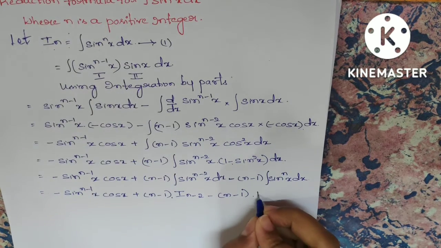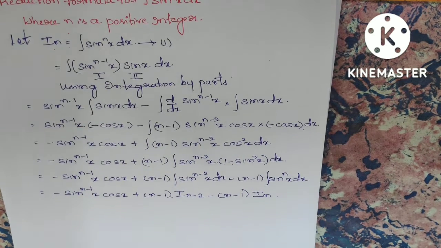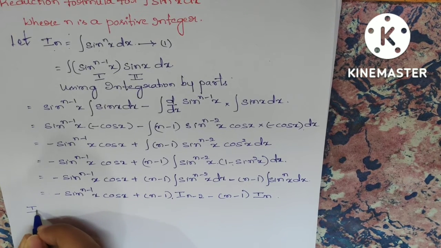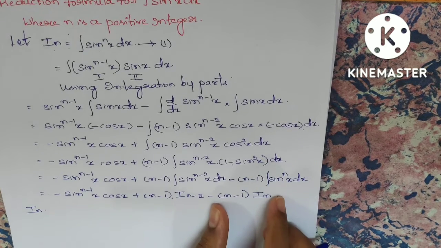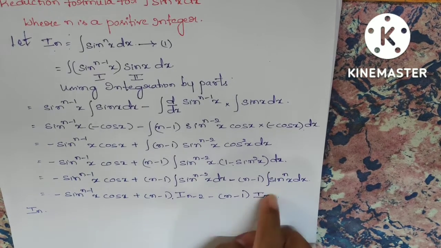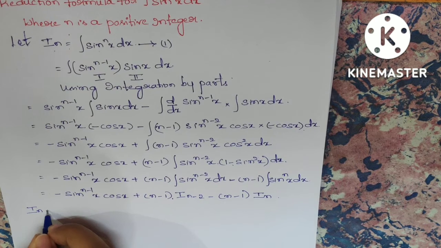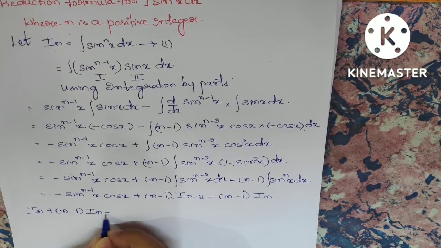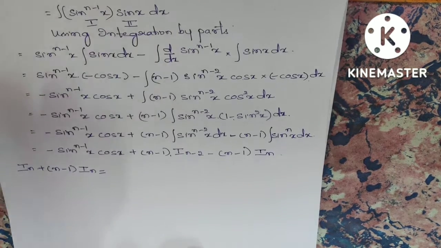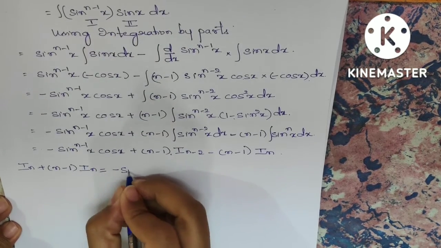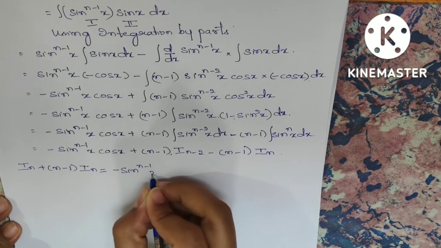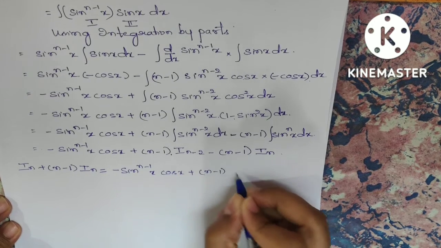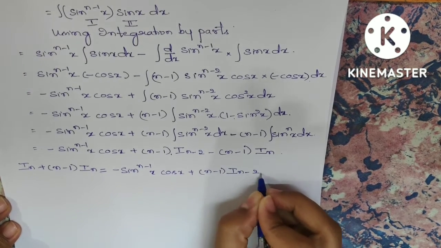So here I can write I_n equals, I'll transfer this to the left hand side. I get I_n plus n minus 1 I_n equals minus sin^(n-1) x into cos x plus n minus 1 I_(n-2).